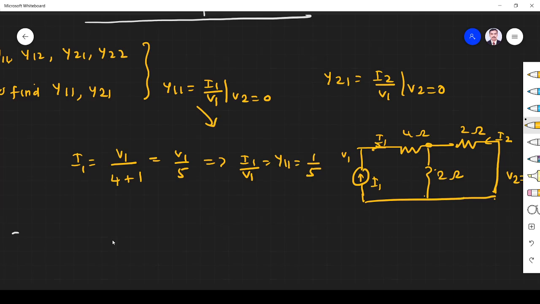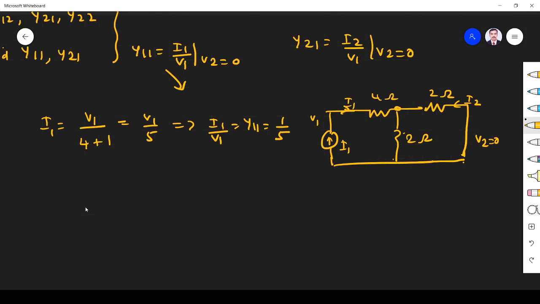So we got Y11. Next we find I2 by V1. What is I2? By applying current division in the circuit, we know minus I2. Why do I put minus I2? Because the current is coming inside.